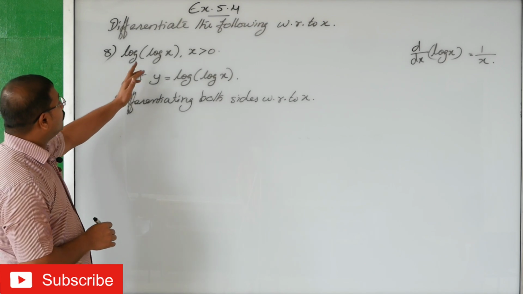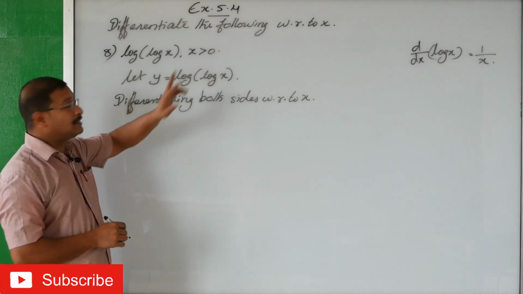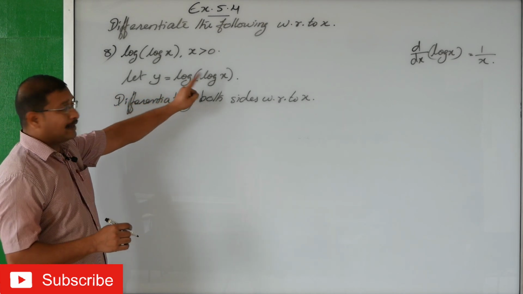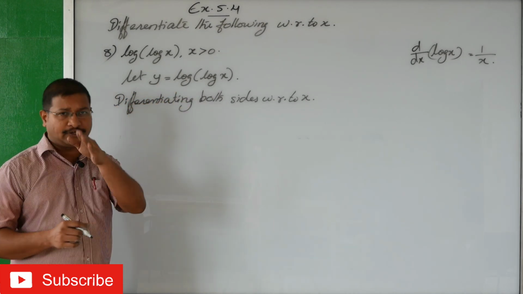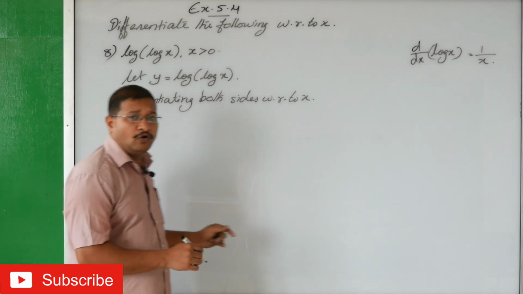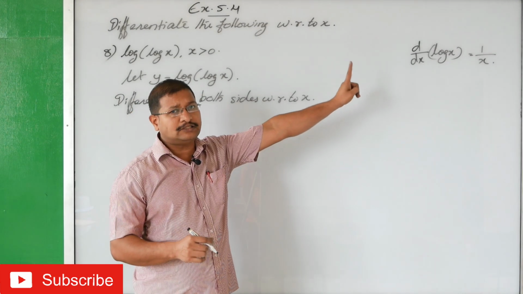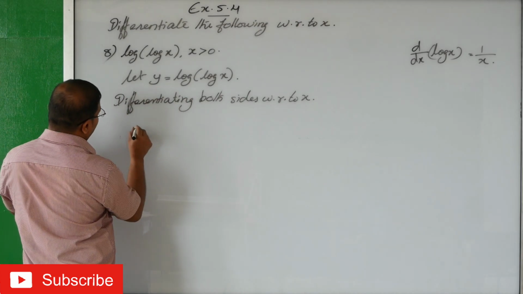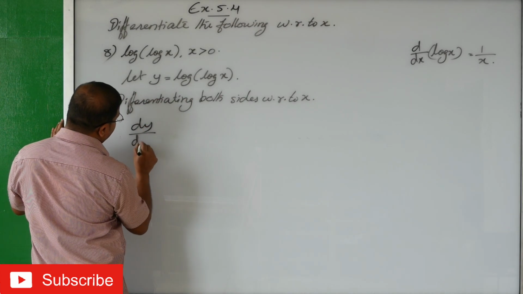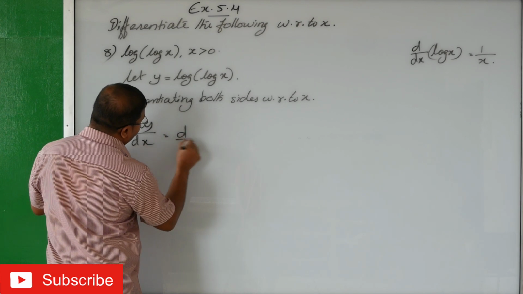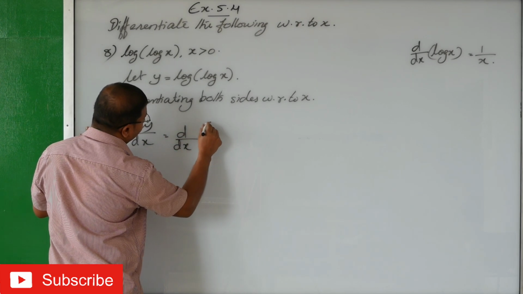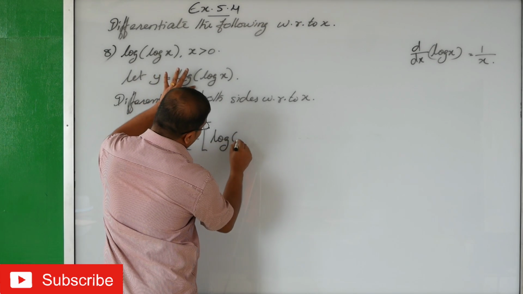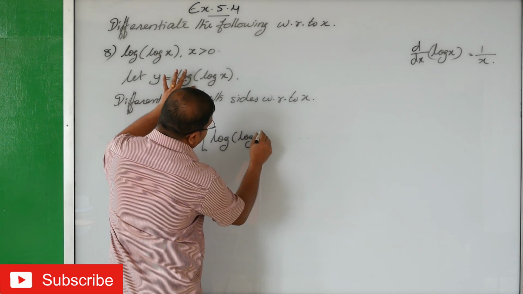Log of log x, x greater than 0. First what you will do, let y equals log of log x, after that differentiating both sides with respect to x. We should know derivative of log x equals 1 by x. Now derivative of y means you will write dy by dx equals derivative of log of log x.